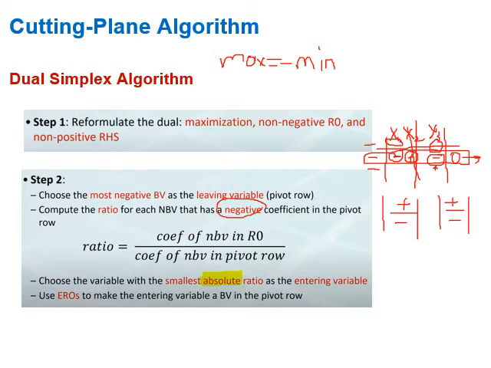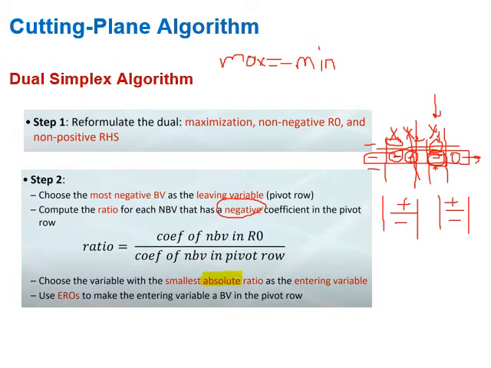Okay, what did we do until now? We decided on the leaving variable, made a ratio test and decided on the entering variable. And then the new tableau is found by elementary row operations, again the same way as in the regular simplex, because with this ratio test we decided on the entering variable as, let's say, x3, and it means that now this element here is the pivot element, and we want this column to have 0, 1, 0.